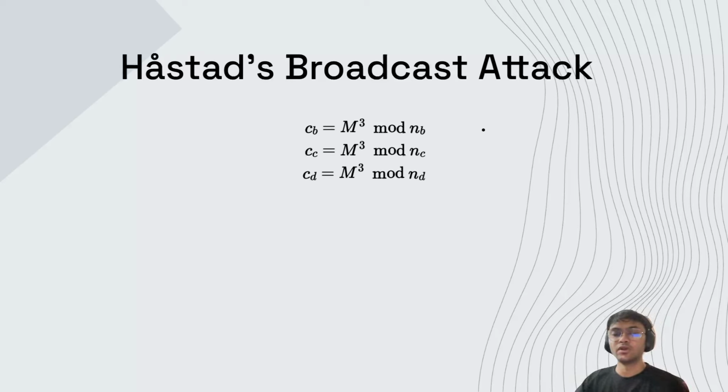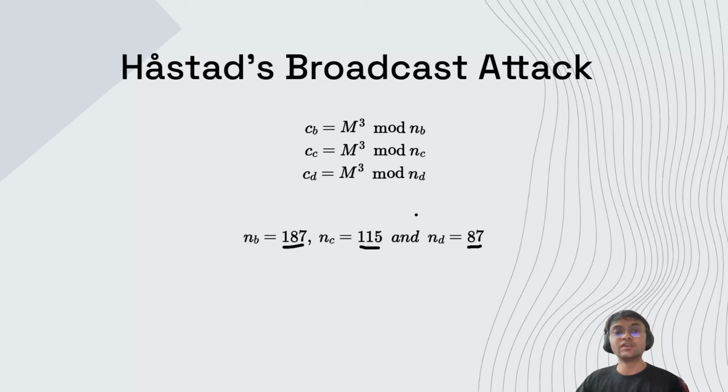Now, we'll take some sample numbers for our example. We'll say the public modulus that was used for the computation of the ciphertext sent to Bob was 187. The one used for Carol was 115, and the one used for Dave was 87.